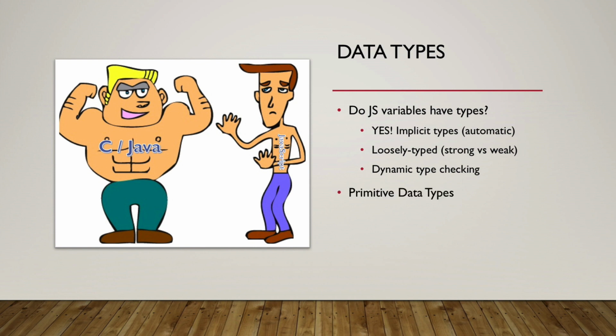It does still have types, and we need to talk about those types and indicate how we would work with them. So just like in any other language, there are primitive data types that we can work with. In other languages, you might have encountered types like Boolean and integer and float and double. There are similar things. These are the simplest things that you can declare in the language.